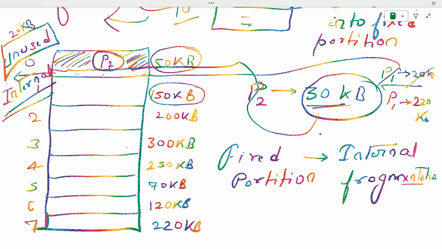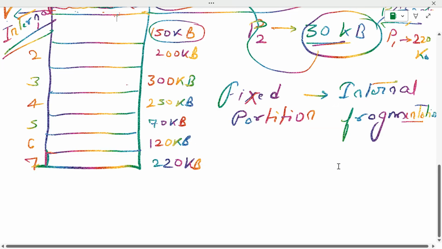Okay, so in this way the partitioning of memory happens, and in fixed partition the partition size remains constant or fixed throughout. So this is the case of fixed partition.